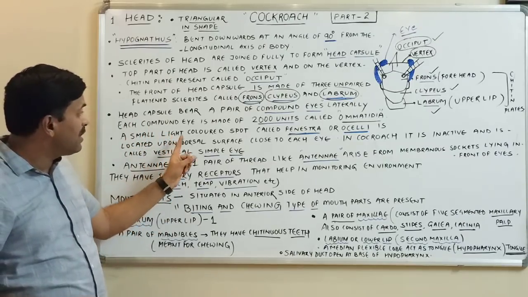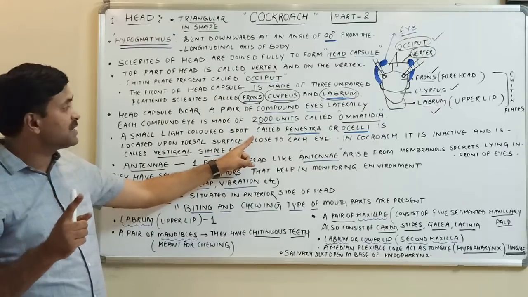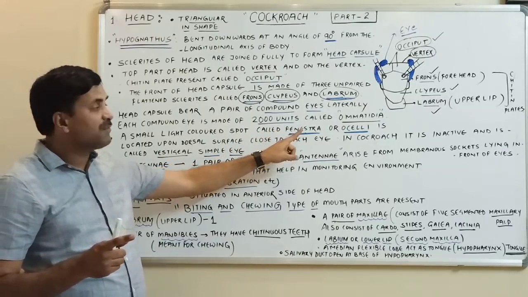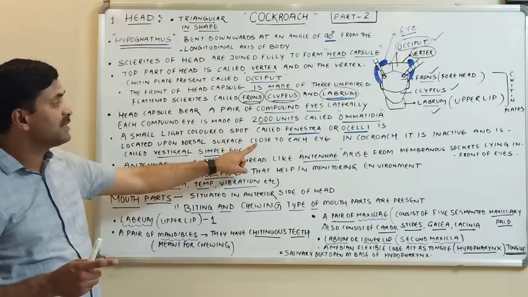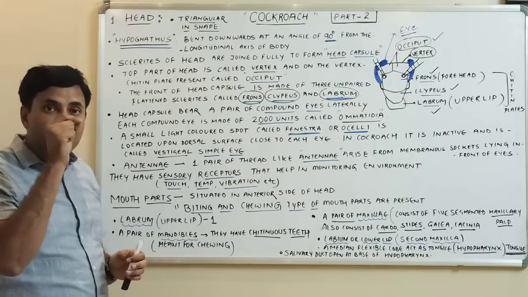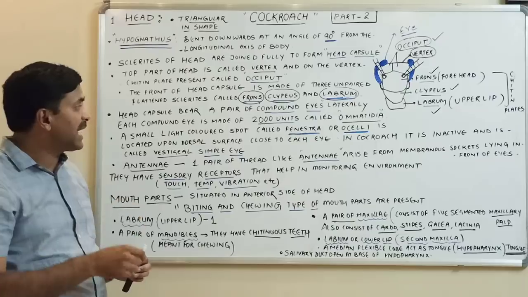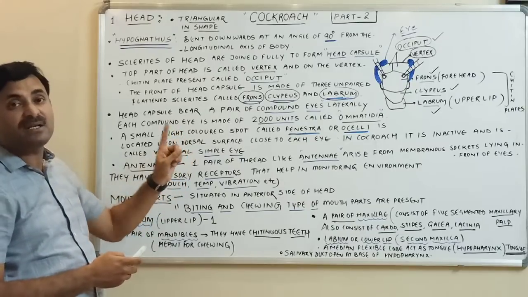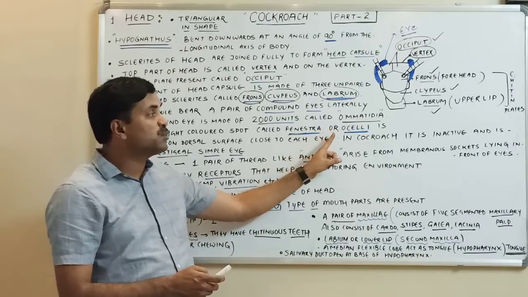Now a small light colored spot called the fenestra, which is also called the ocelli, is located upon the dorsal surface close to each eye. Just near each compound eye, a light colored spot is present, and that is called the fenestra or the ocelli.